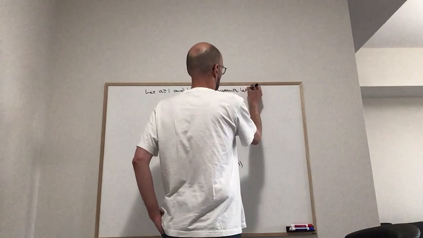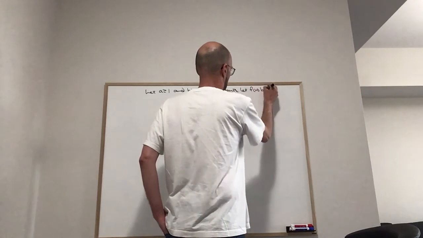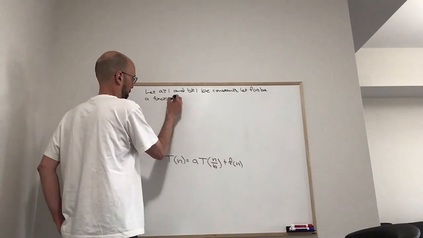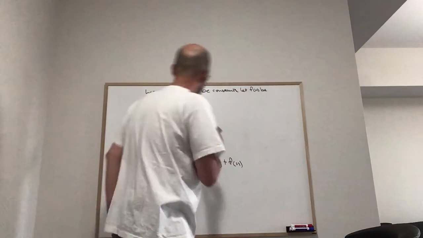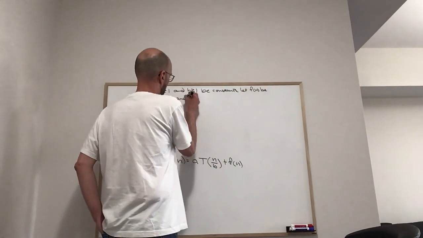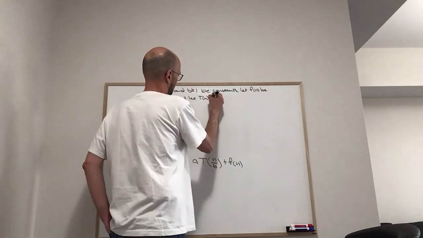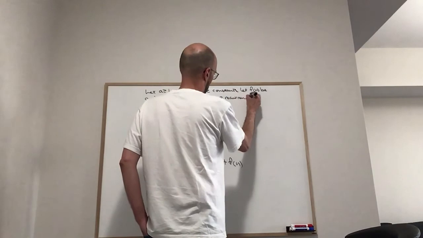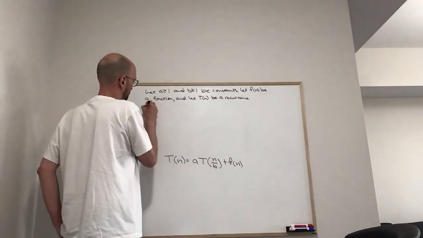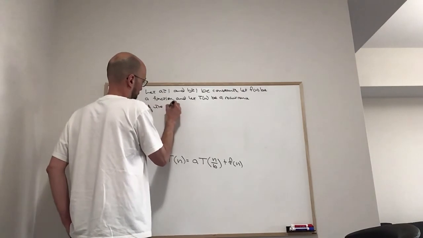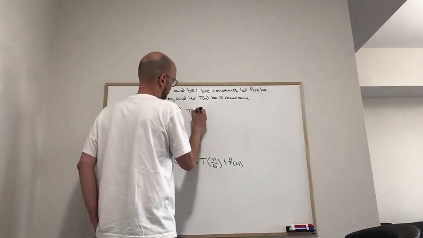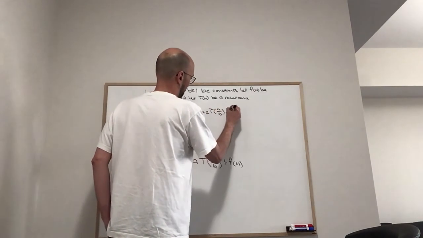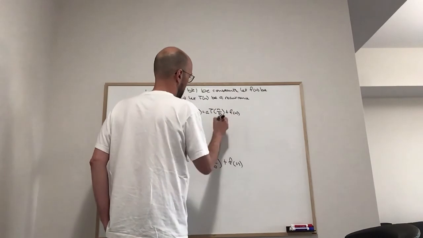Let f of n be a function, and let T of n be a recurrence relation of the form T of n equals a T of n over b plus f of n.